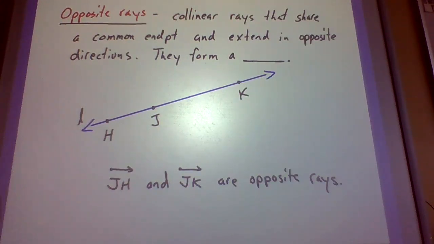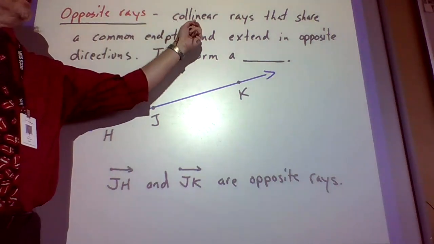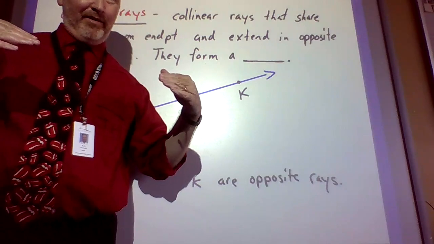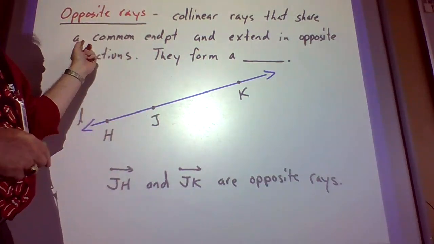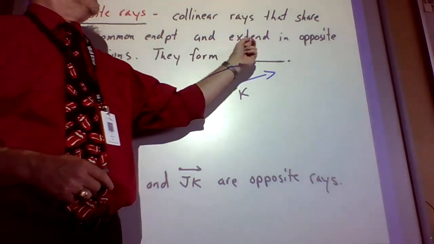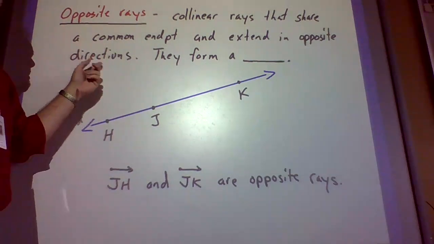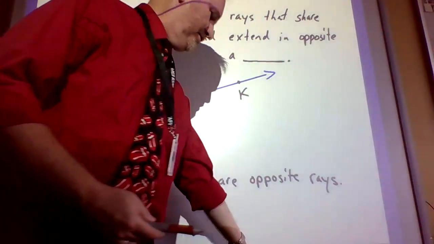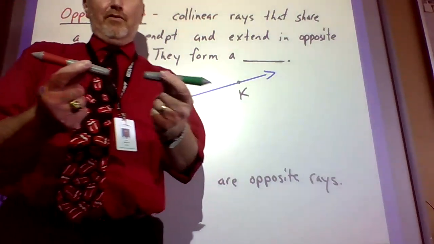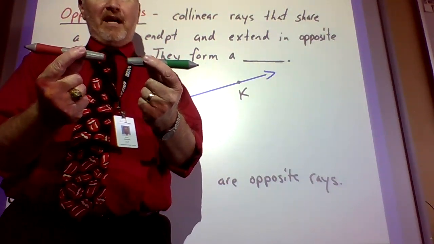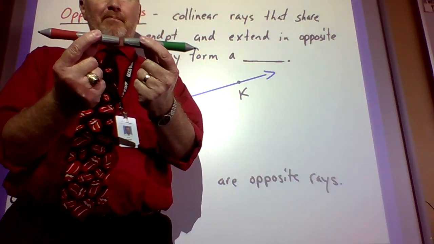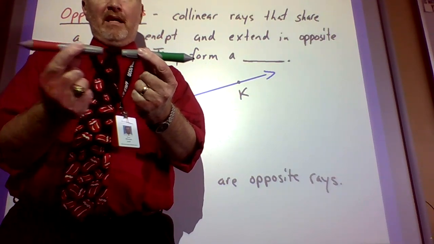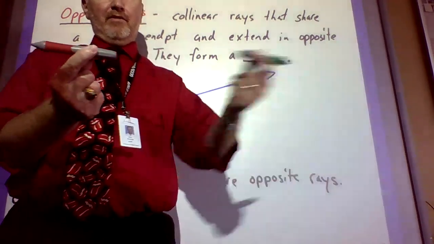Opposite rays. Opposite rays are collinear rays. It means they're on the same line together, okay? But they share a common endpoint and they extend in opposite directions. If I use these two SmartBoard pens as my opposite rays, they have a common endpoint, so I'd put them back to back, and one goes this way and the other one goes that way forever.